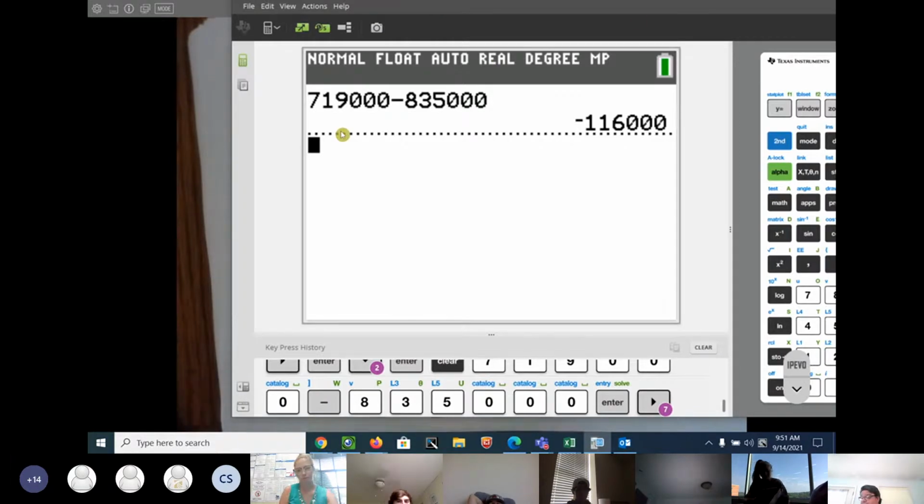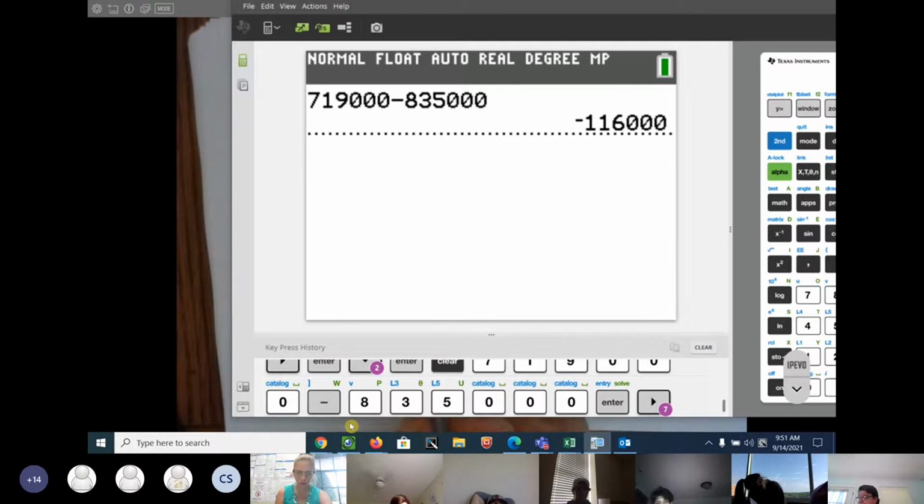Negative 116,000 is equal to negative 2,400. Divide by negative 2,400.